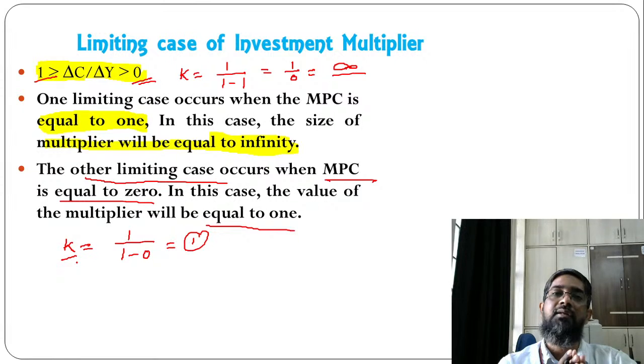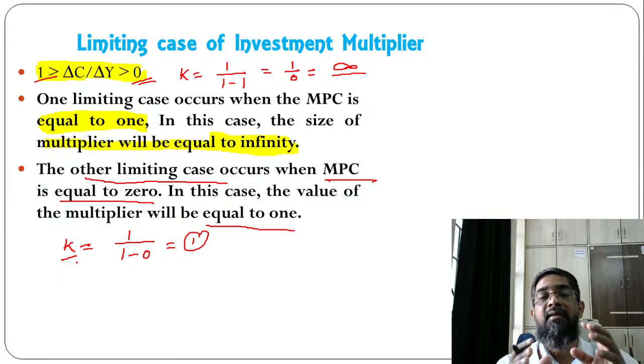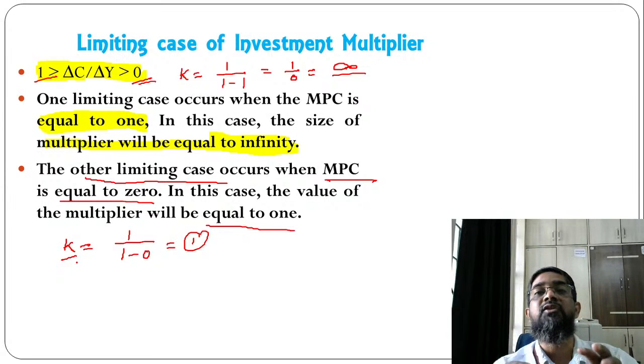Whenever something is invested, people's income increases, and when people's income increases, they spend that money on purchasing goods and services. When they purchase goods and services, they pay money to others, and that becomes income of others, and then others again spend further for their demand needs.